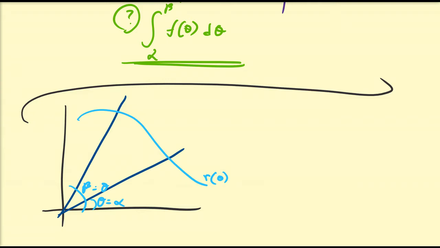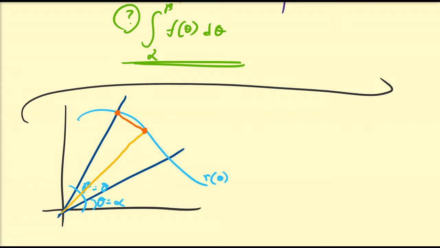What we can do is partition the theta interval, alpha to beta, into smaller pieces. Let's assume we cut it into two pieces. What type of shape would best approximate this area? Well, it's definitely not rectangles or circles. More so, we can use triangles to approximate this.